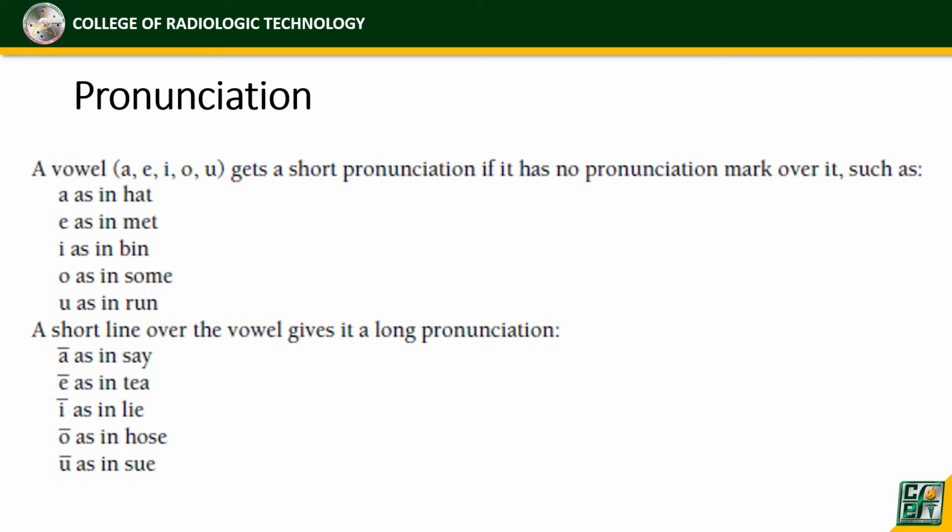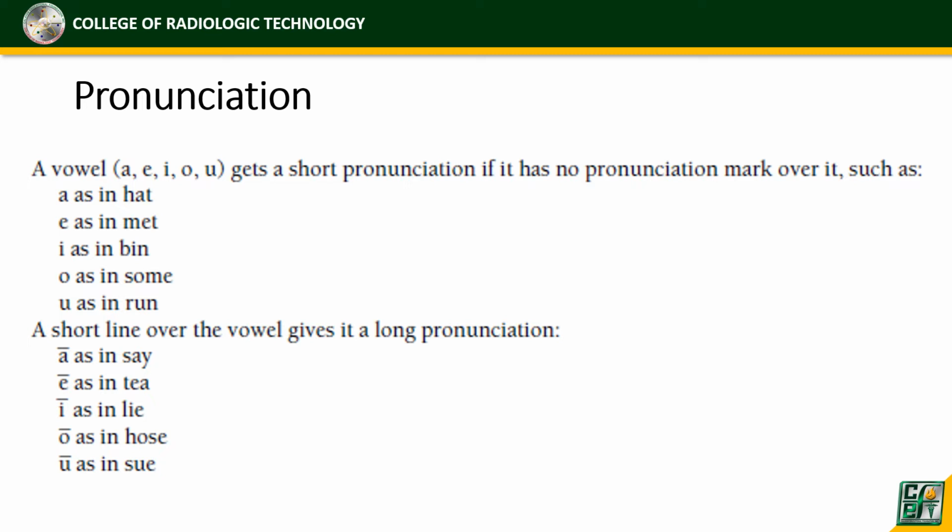Next we move to pronunciation. A vowel gets a short pronunciation if it has no pronunciation mark over it, such as a as in hat, e as in met, i as in bin, o as in some, u as in run.